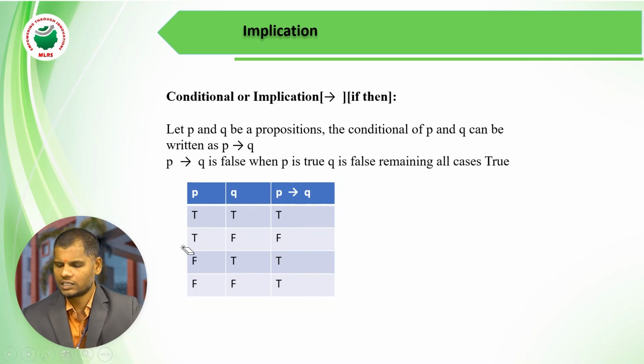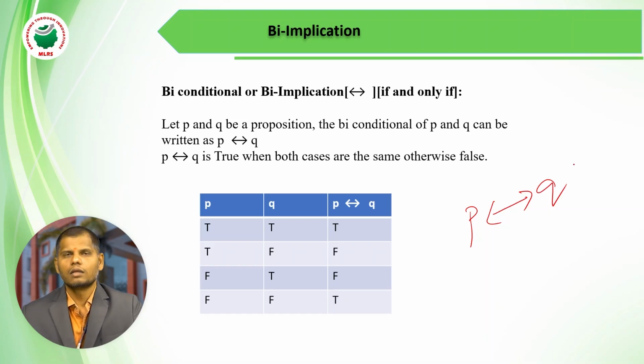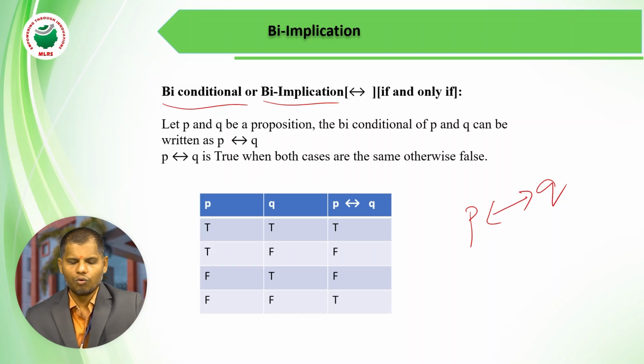Next, biimplication. Let P and Q be propositions. The biconditional of P and Q can be written as P bi-implies Q. Logically, we call it biconditional or biimplication. The statement P bi-implies Q is true when both cases are the same.